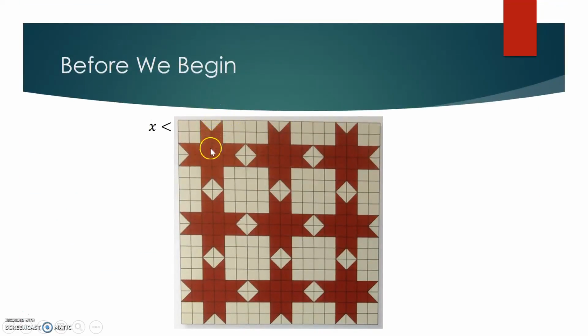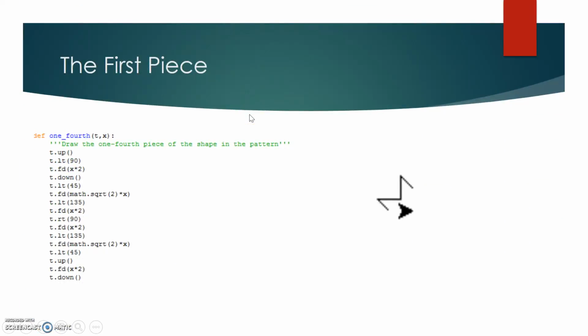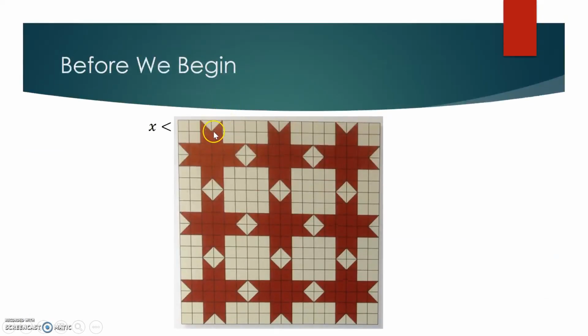As you can see, from the center, I turn left 90 degrees and go forward x multiplied by 2, and I turn 45 degrees and go forward.